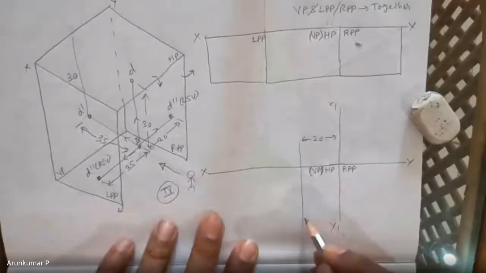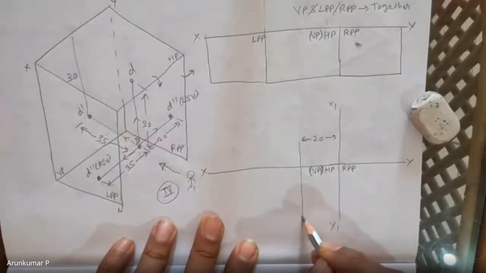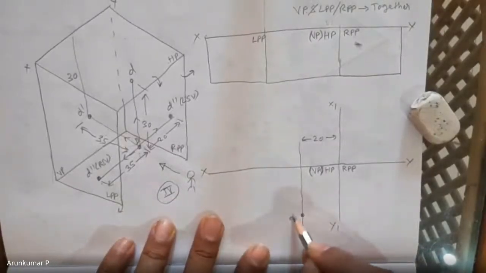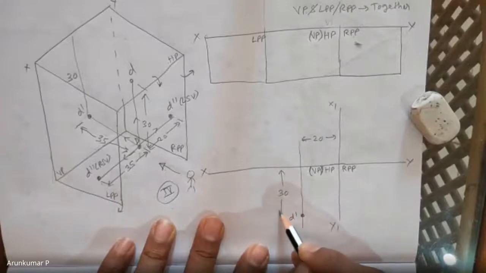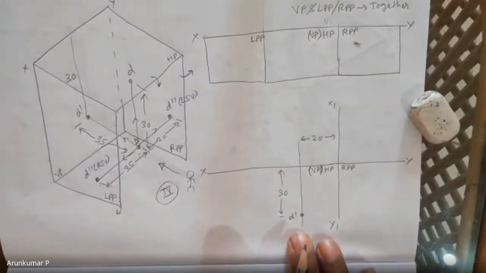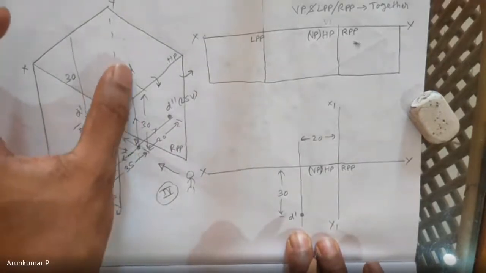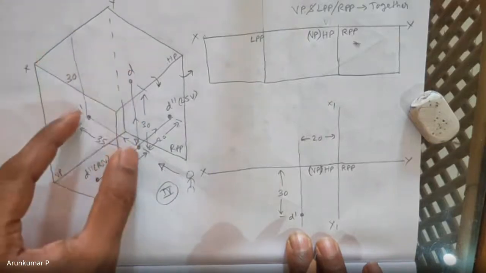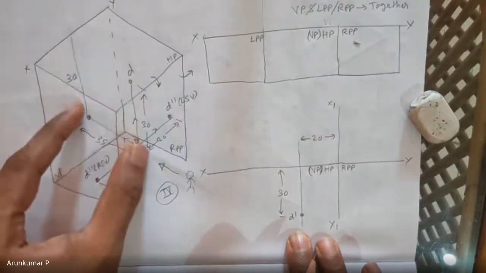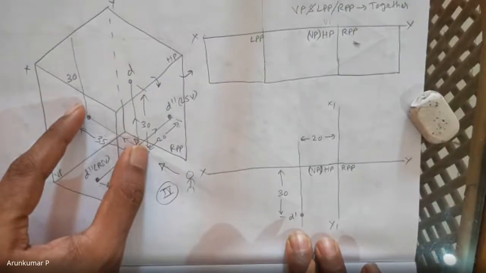That means 30 mm below, I'm going to get D dash, the front view. Okay. Next, D, top view. At what distance will I get D from XY line? 35 mm. Exactly.